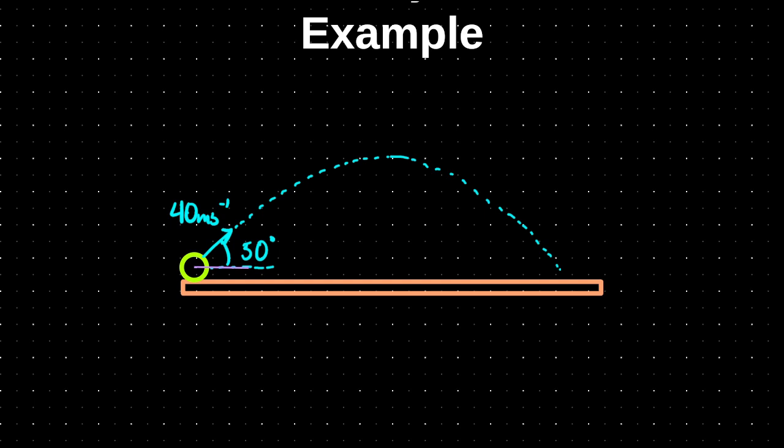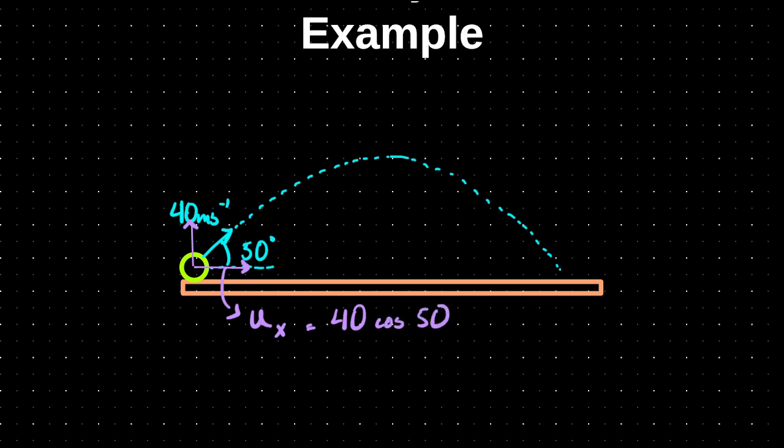So we say this is its initial horizontal and this is its initial vertical velocity. So this one would be V, actually I should call it U because it's initial. So Ux, so this would be the component with the angle, right? This one, so it would be 40 cos 50.